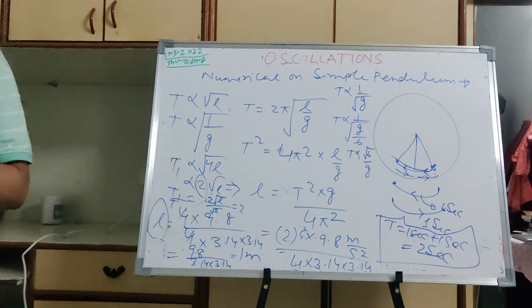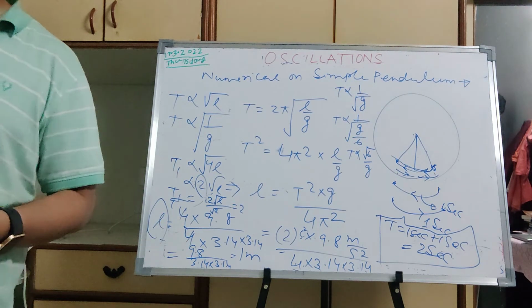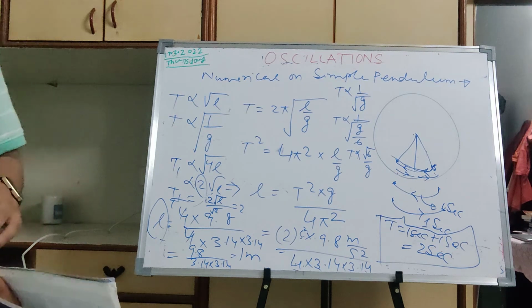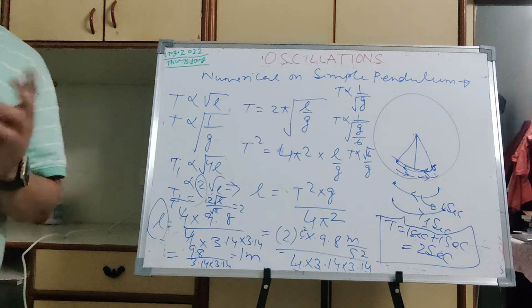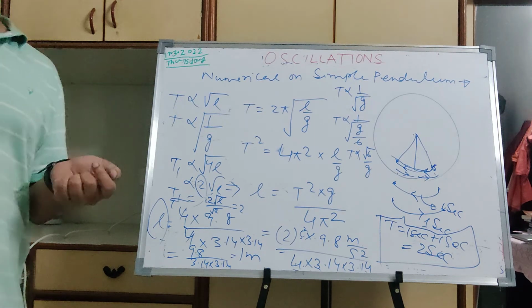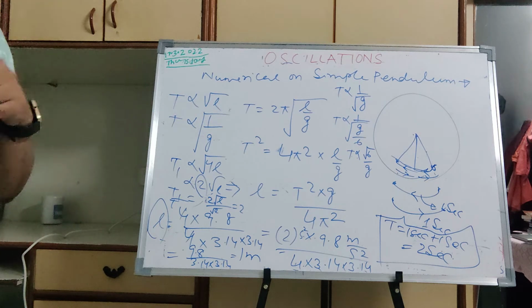Rather than going to the text and reading how the derivation is done, see, for the time period derivation, a lot of text and explanation is given in the book. I have tried to summarize it to 5 minutes, how to derive. A lot of explanation I have put in 4-5 lines and explained. So you better refer to it. Okay, spring-mass system and simple pendulum.